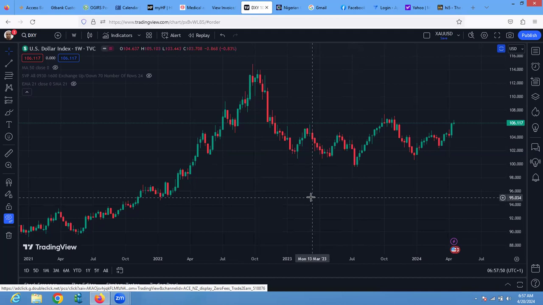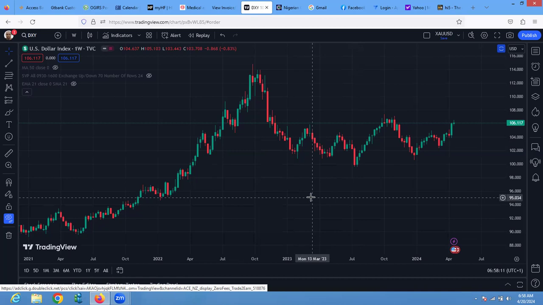Now, before now, we know about Elliott wave and what Elliott wave says of the corrective wave and the motive wave. And we know that we have motive wave 1, 3, and 5.